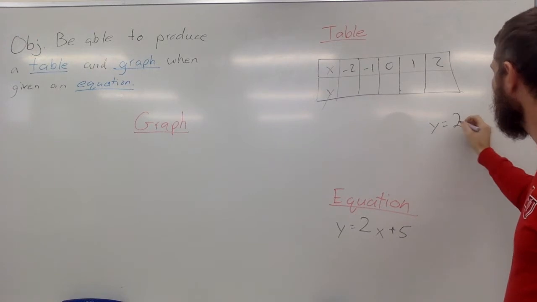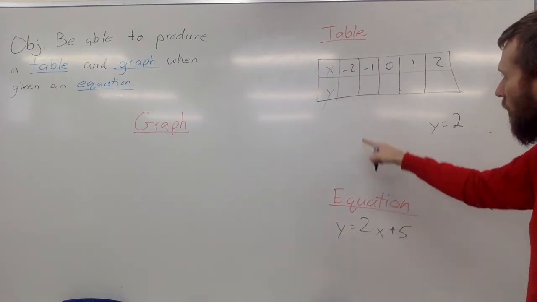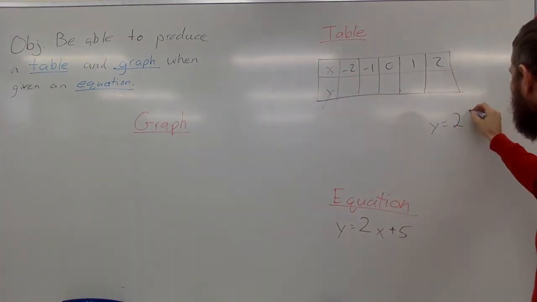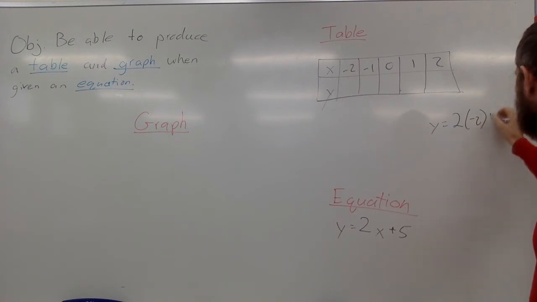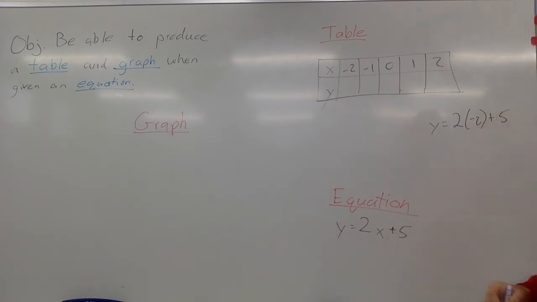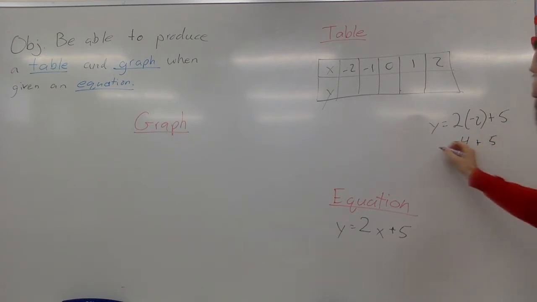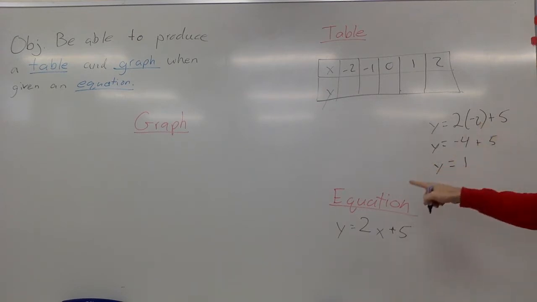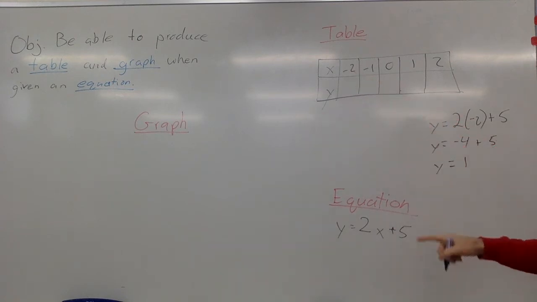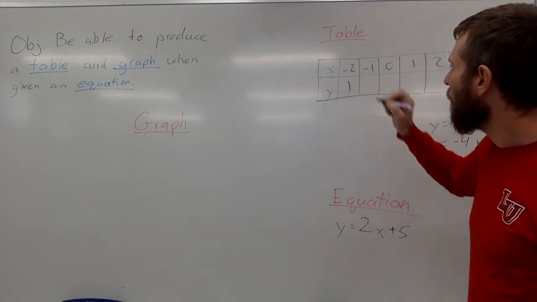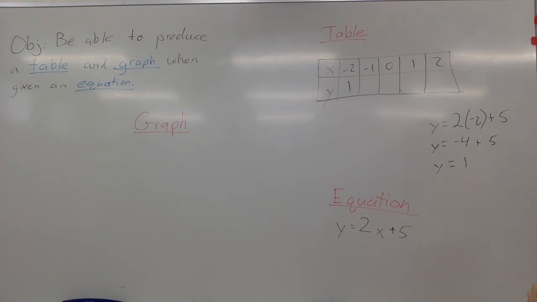I'm just going to use a scratch pad over here. y equals 2, and then for x, in this case, I'm going to put -2, plus 5 is the rest of the equation. So 2 times -2 is -4. I have the plus 5 over here. So -4 plus 5 is 1. So I know that when x is -2, y equals 1. That's one of the points on my line.